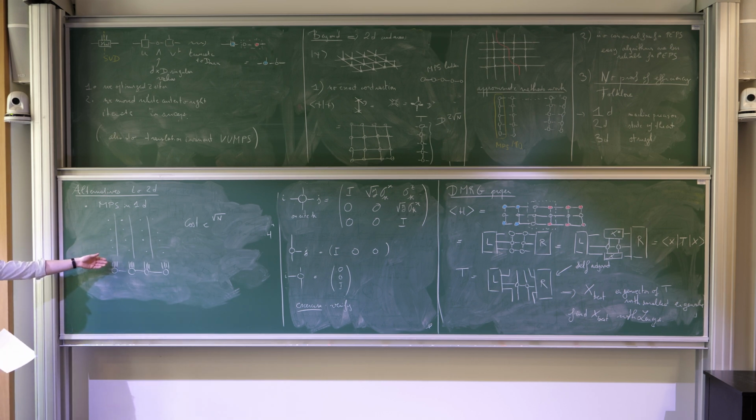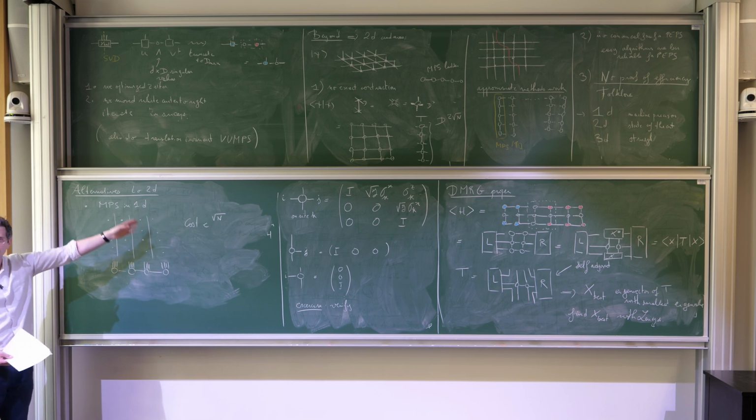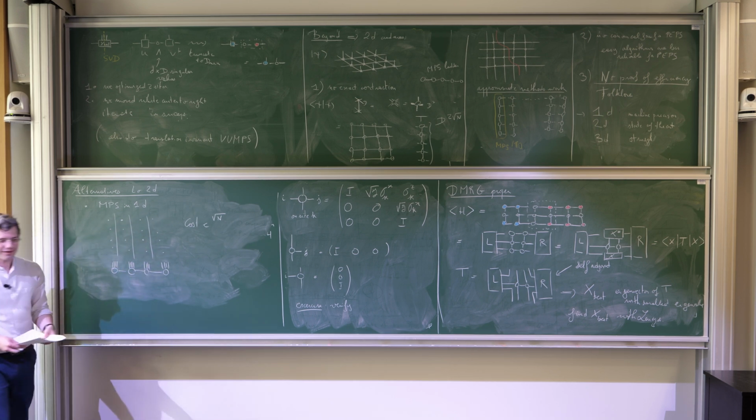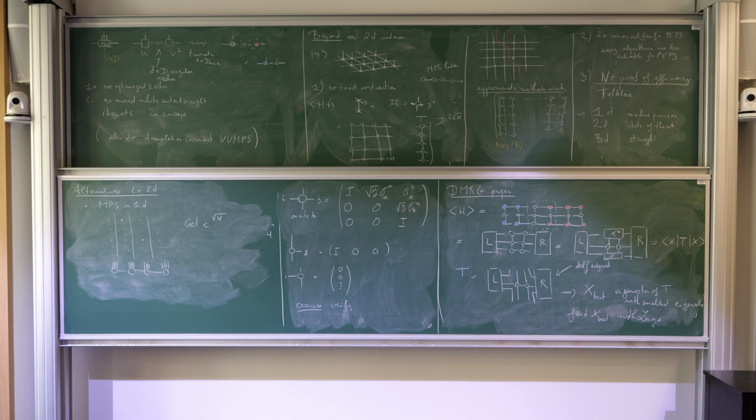For example, if we think again of these supremacy simulations, they were done with MPS, even though the Google chip is 2D. And they essentially write an MPS like this. If n equals 40, root n is small.